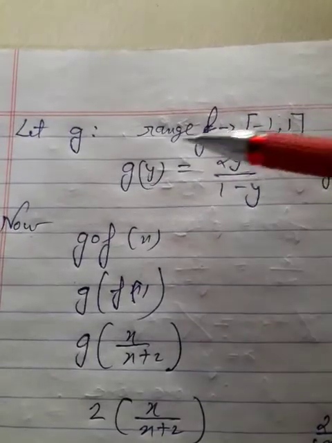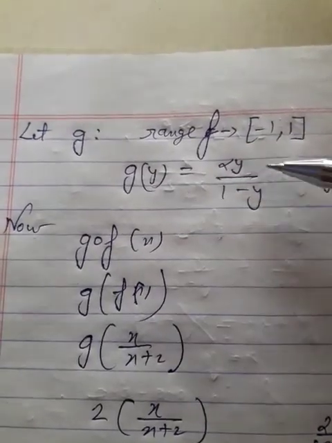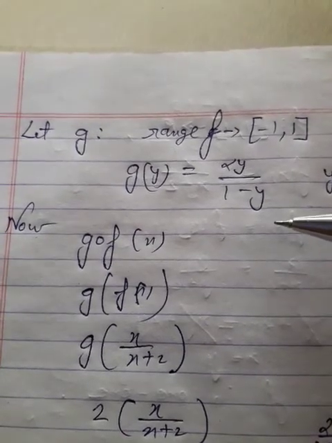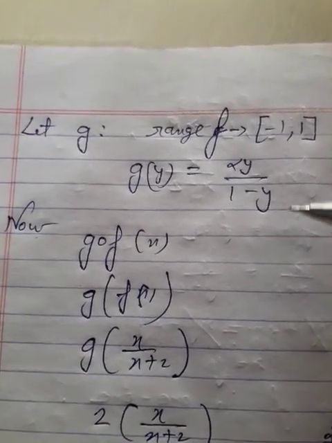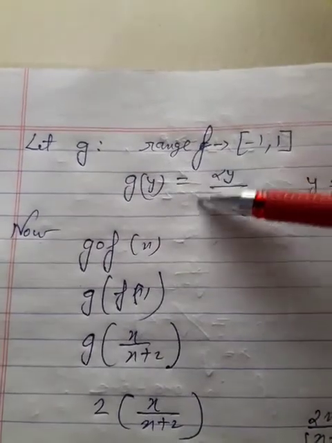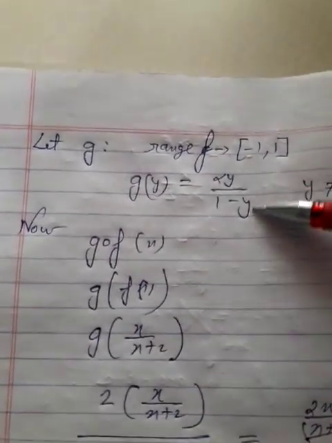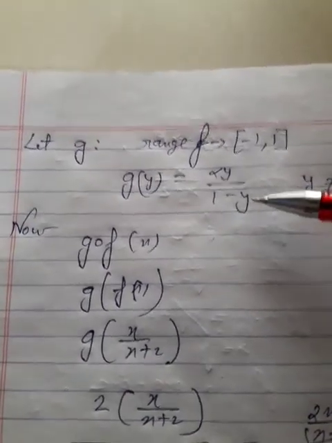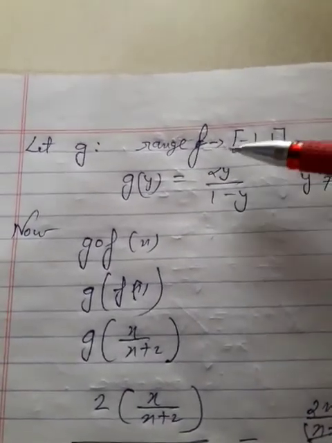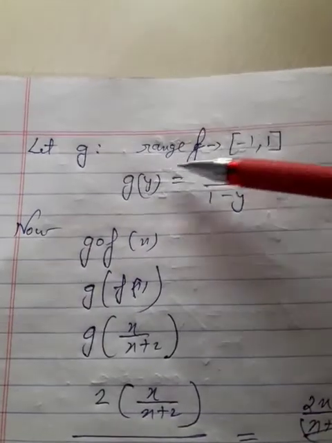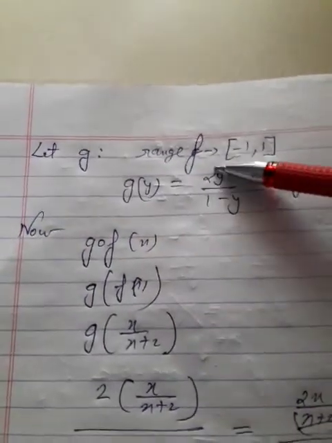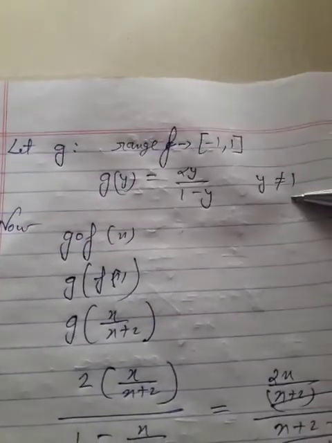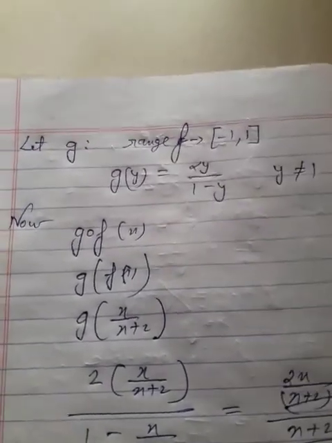We got x = 2y/(1 - y) when we simplified. So we take the same value as the function g(y) = 2y/(1 - y), such that y is not equal to 1.